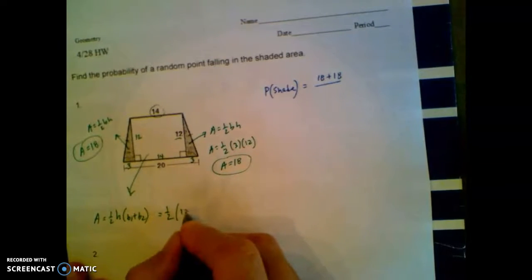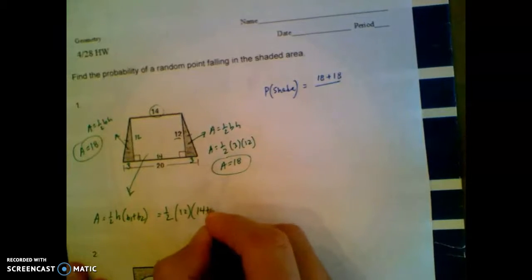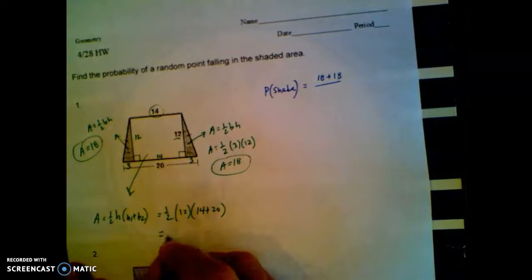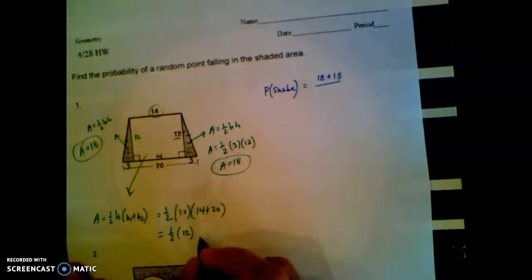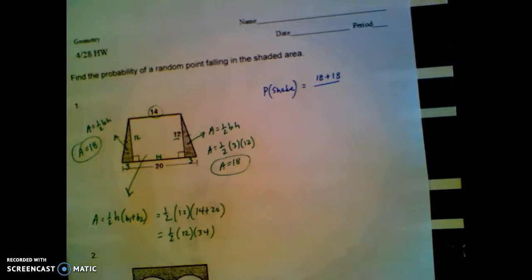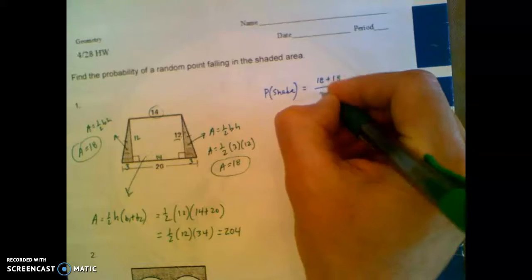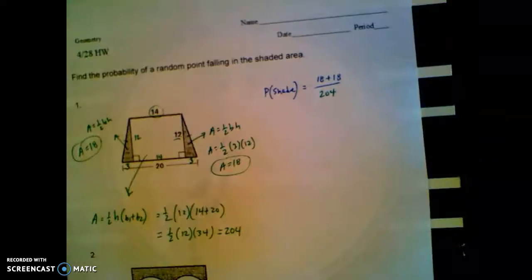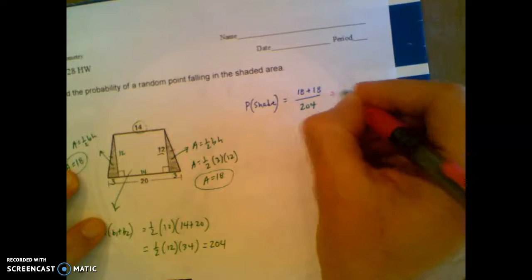The two bases are 14 and 20. So that's 1/2 of 12 times 34, which equals 204. That'll be my denominator. So basically this is going to turn into 36 over 204.